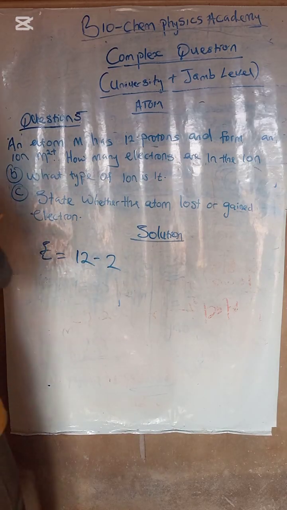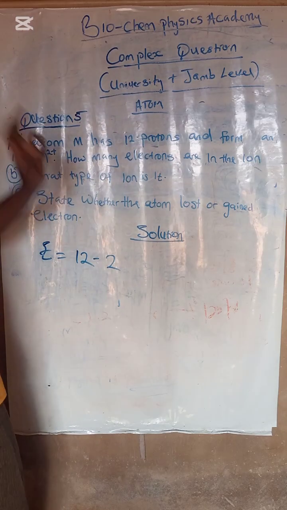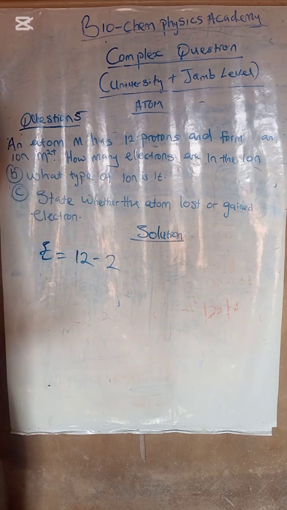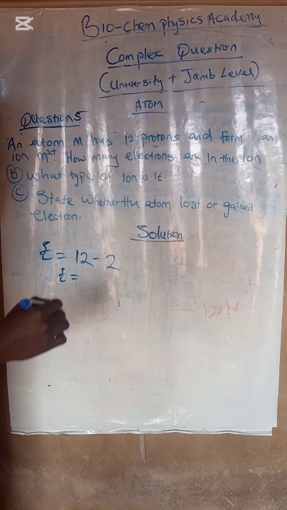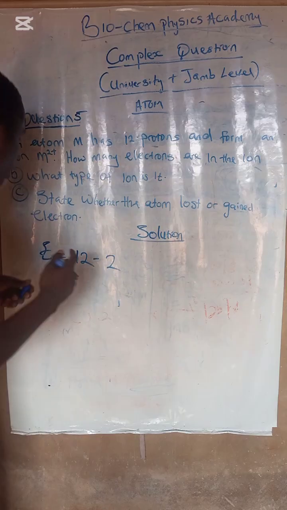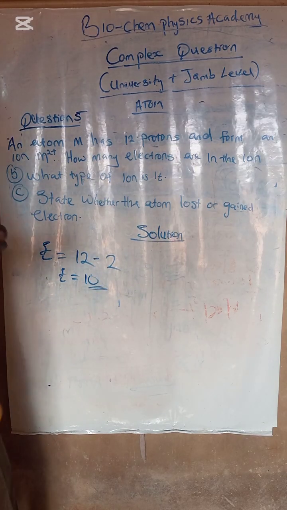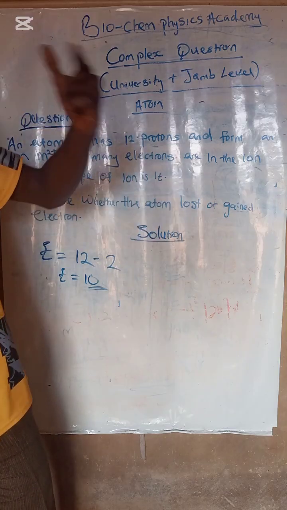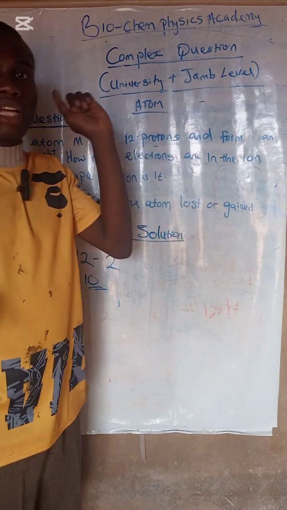Because the atom has lost 2 electrons in order to become positively charged. So the electron in this particular ion is 10. Why is it 10? Because the atom has already lost 2 electrons in order to become positively charged.